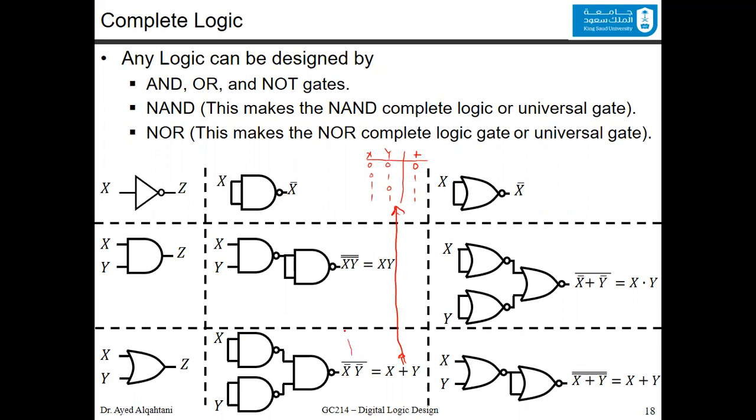Now I'll try to do this. I'll have X and Y again: 0, 1, 0, 1, 0, 0, 1, 1. And then I will generate the X bar and the Y bar. The X bar is 1, 1, 0, 0, the opposite of this. The Y bar is the opposite of this, which is 1, 0, 1, 0.